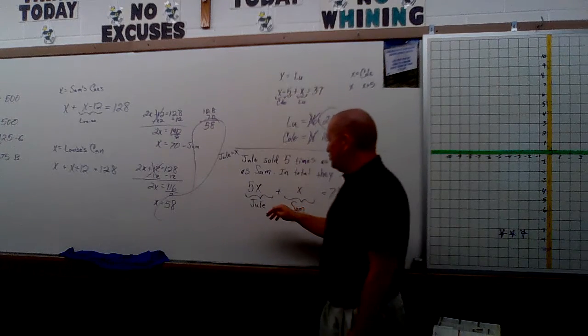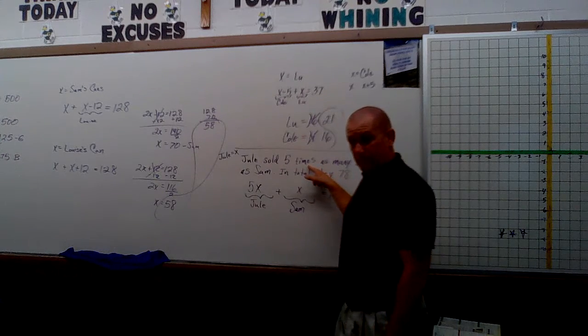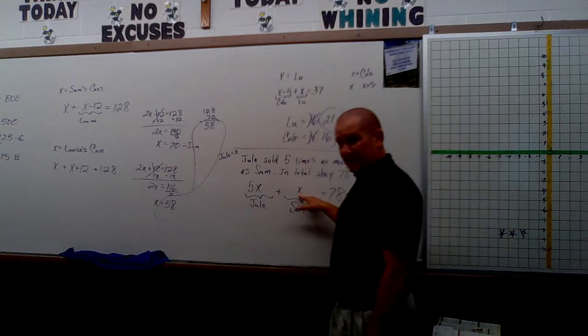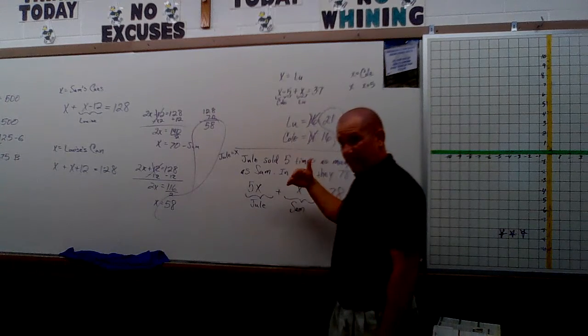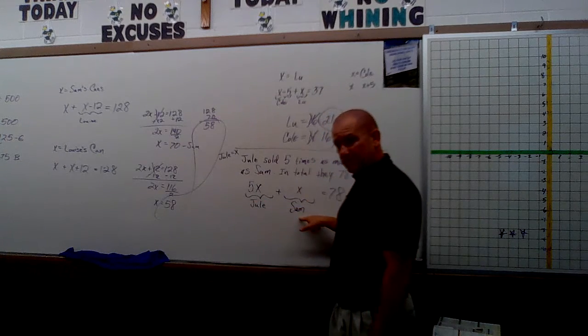Because it says 5 times, that's a multiplication. But if I put 5 with Sam, and I take 5 times X, that makes his amount really, really big. But Jewel has to be more than him.